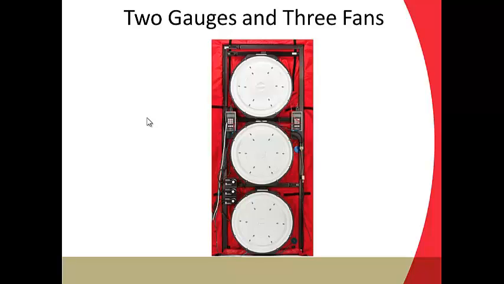So when you're using software, you can get by with only 2 DG700s, because remember, in the software we can tell it whether it's a pressure or a flow, and we have 3 options for pressures.